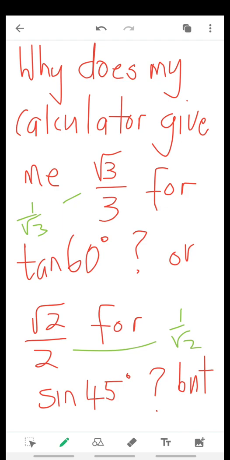A calculator, immediately you punch in tan 60 degrees, gives you square root 3 over 3 because it rationalizes the denominator. Also, when you punch in sine 45 degrees, it gives you square root 2 over 2 because it rationalizes the denominator. That's how we catch you if you have used the calculator. Without the use of a calculator, a learner will write 1 over square root 2 and 1 over square root 3, unlike where the answers are already rationalized.